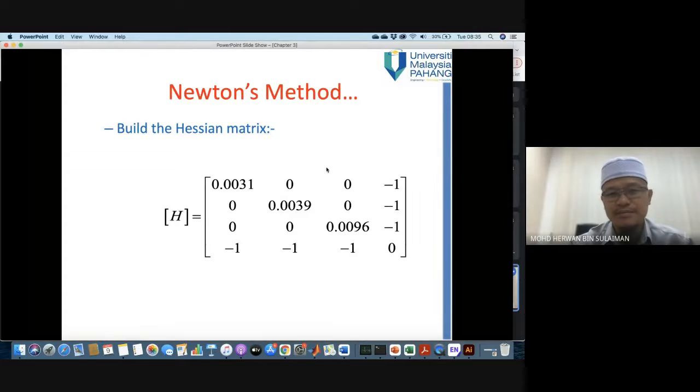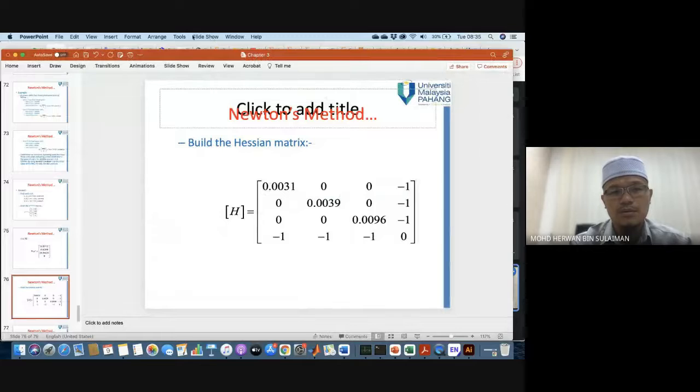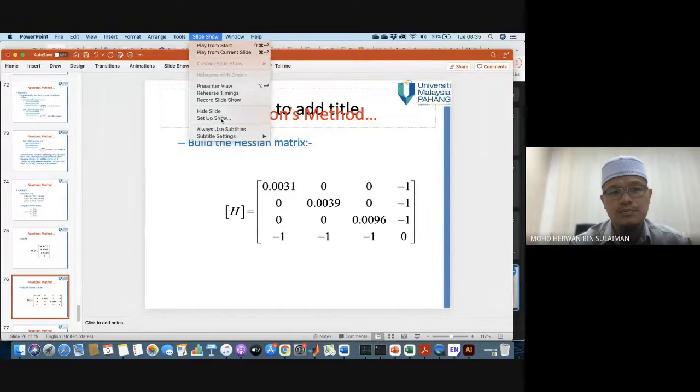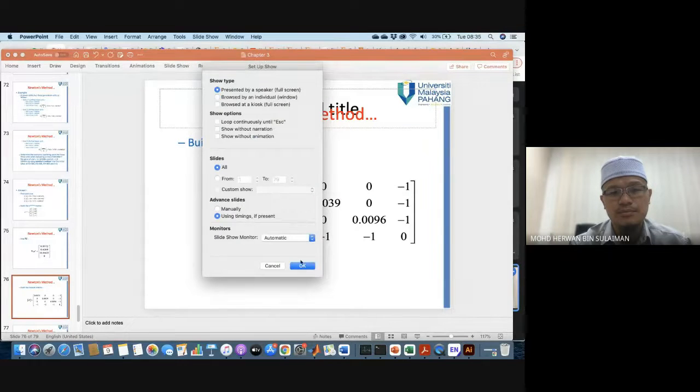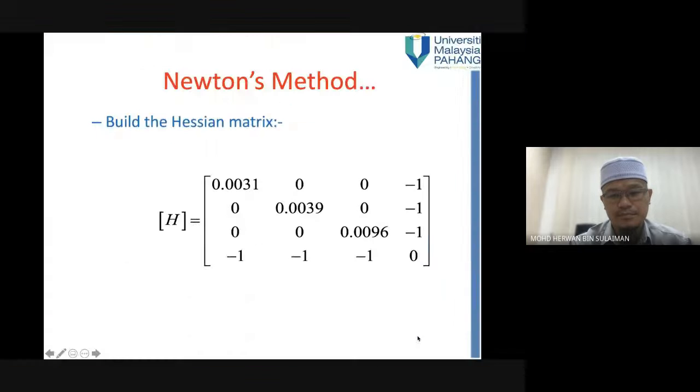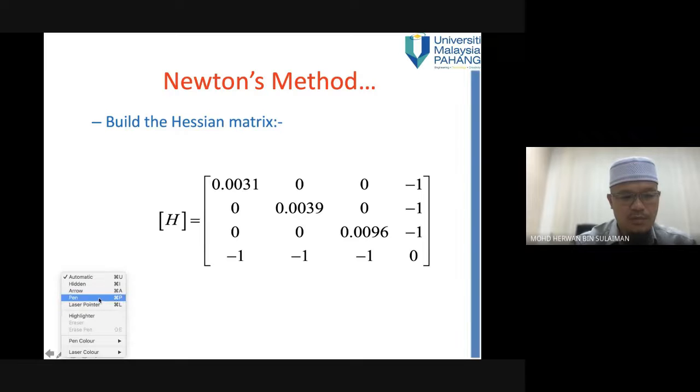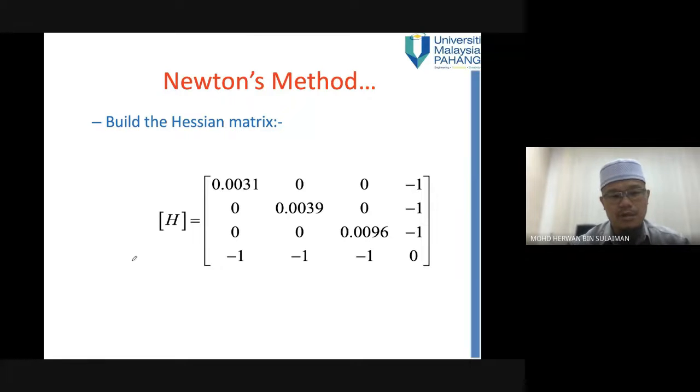Ajar dulu kan. Petua Kramer. Guna petua Kramer and then you guna teknik penghapusan. Ingat? Belajar dulu kan, belajar matematik tu.